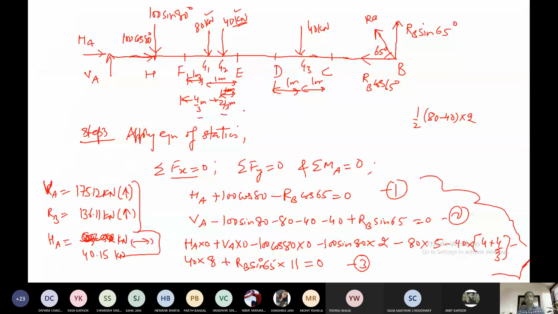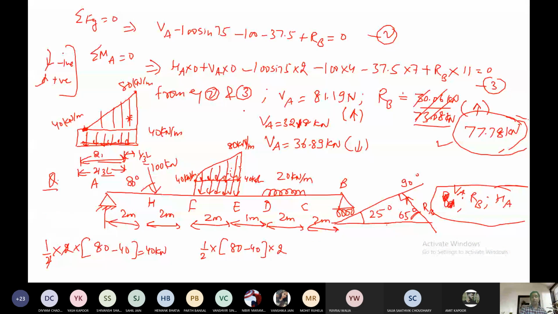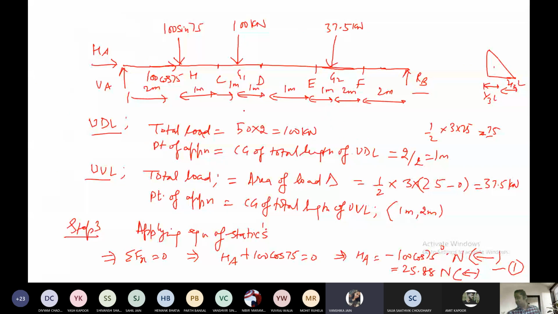Yes, sir. Okay, so in the next lecture we will do some more problems on beam and then one double beam problem. In two lectures we will complete this first part of the second module. Then we will start the truss. Sir, friction assignment? I will give you the friction assignment later on. You have to submit friction after 15 days.